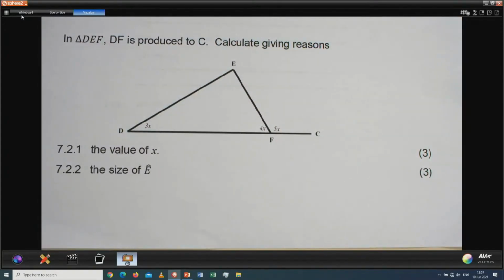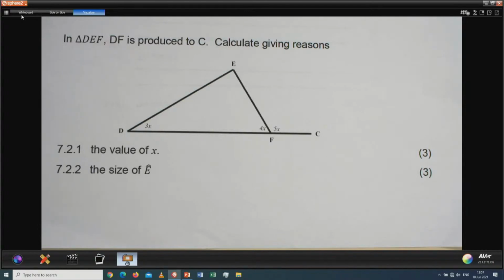The last one, in closing. Do you see a triangle? Yes. What else do you see?